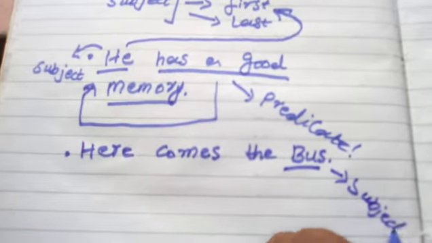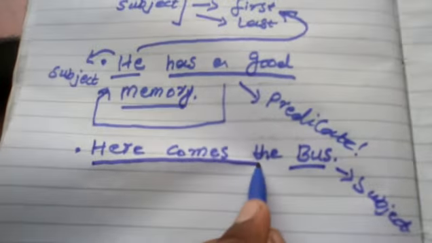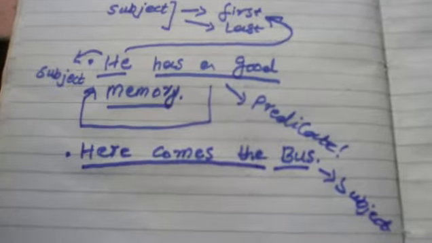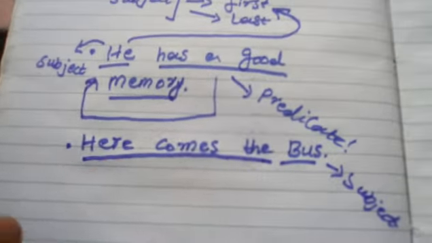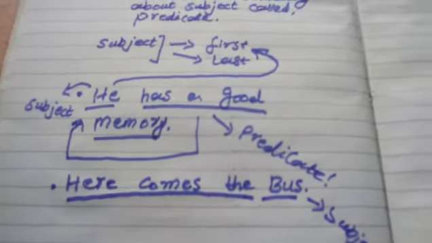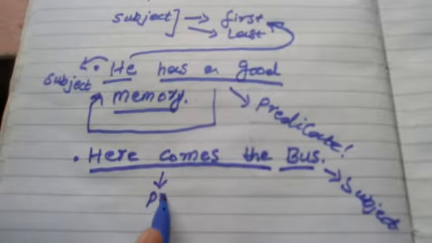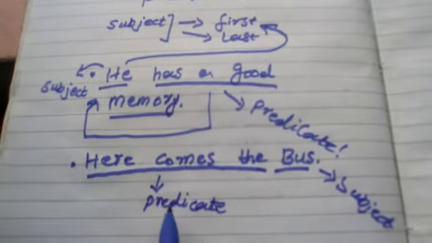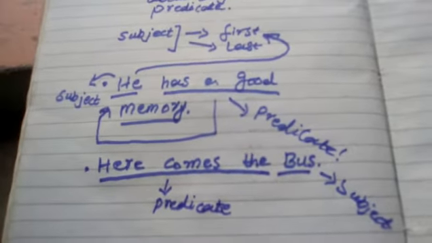And here comes the, this is our predicate, and this whole is called a sentence. This is the predicate, which tells something about the subject.